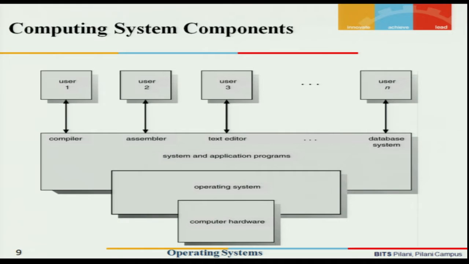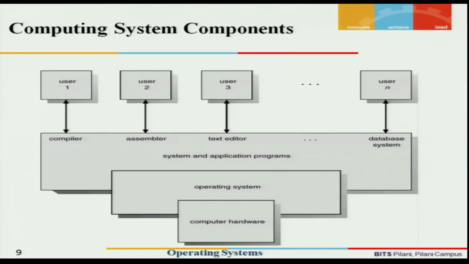We'll try to learn more about the capabilities and functions of the operating system in coming time. And these two things put together, the hardware and operating system, lay the foundations where the various applications can be ported and supported.